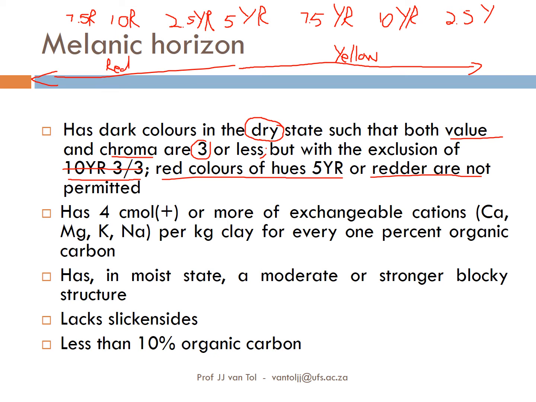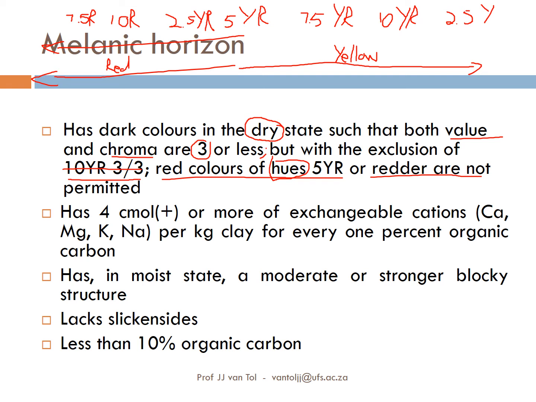So when they talk about hues, the 5YR, 10YR, those are all your hues. So when we say that red colors of hue 5YR or redder are not permitted, they mean anything in this direction is not included in the melanic horizon.